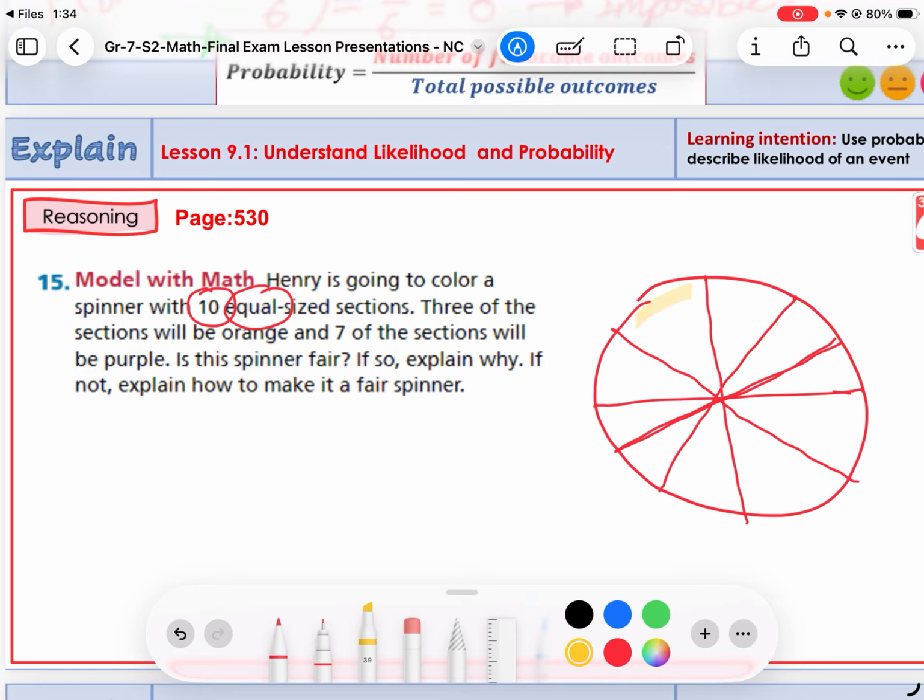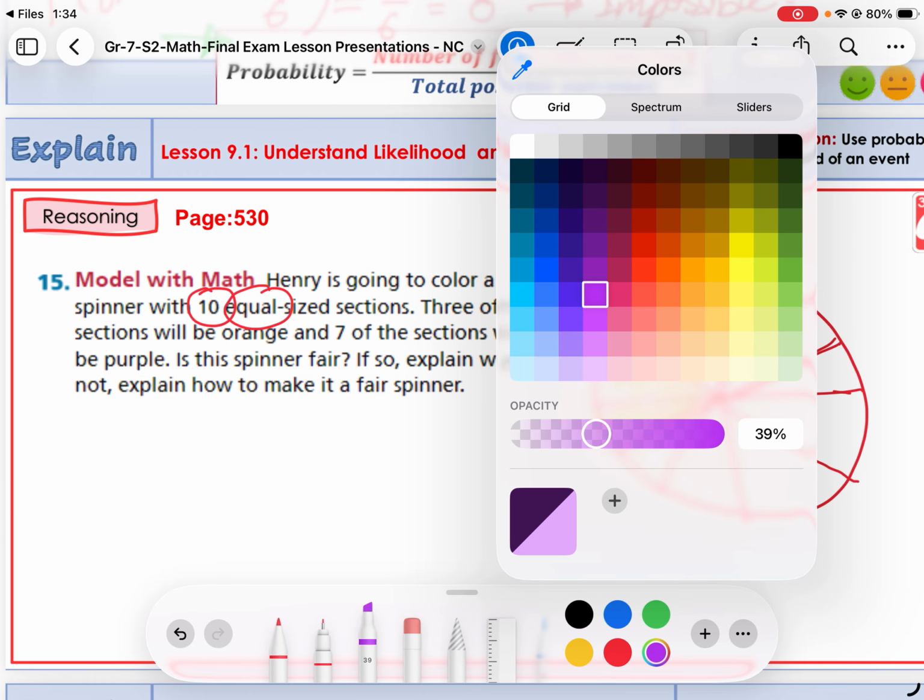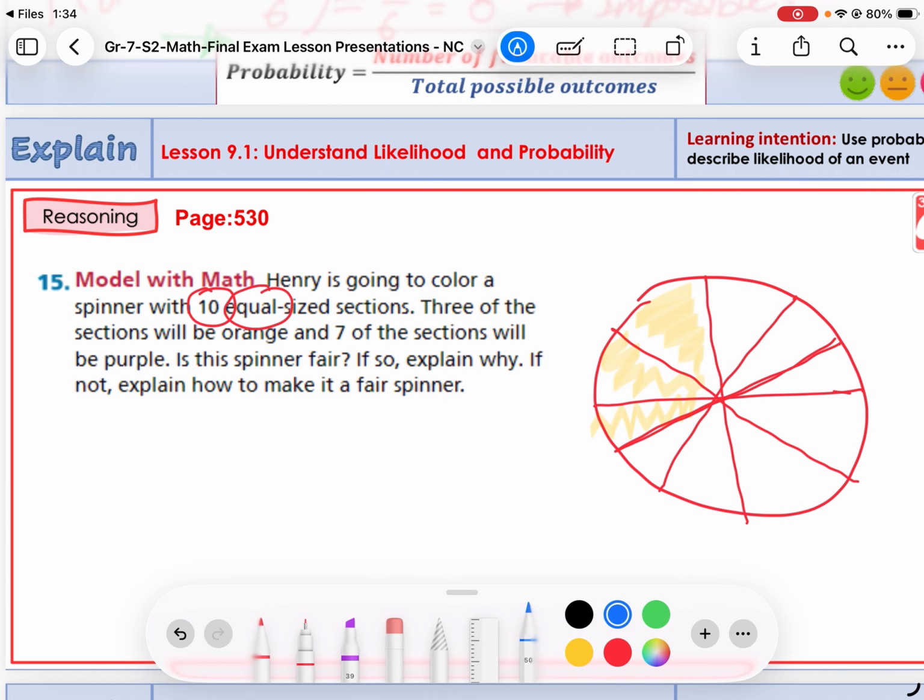Let's use yellow. 3 will be orange. Okay, and 7 sections will be purple. Okay, let's use purple. 7 sections, that's 1, 2, 3, 4, 5, 6, 7.